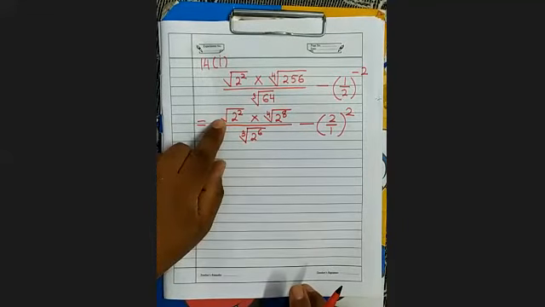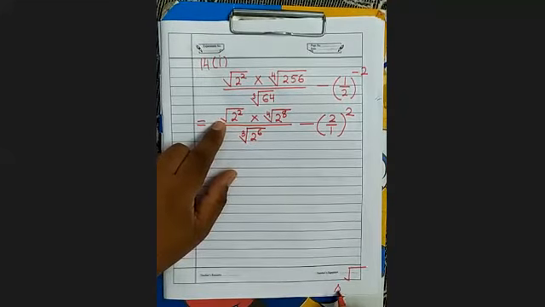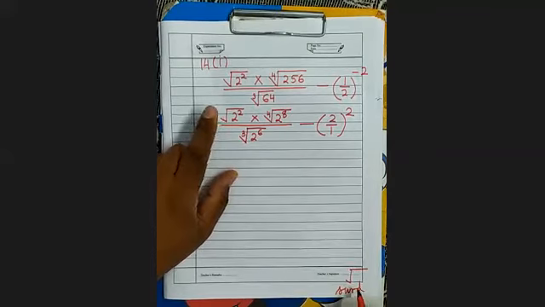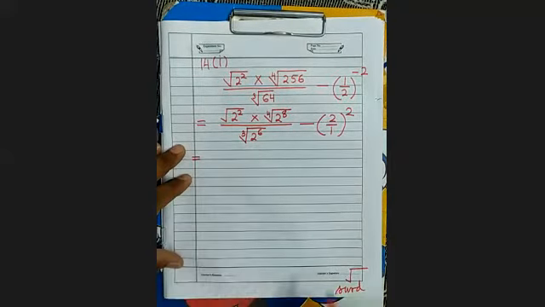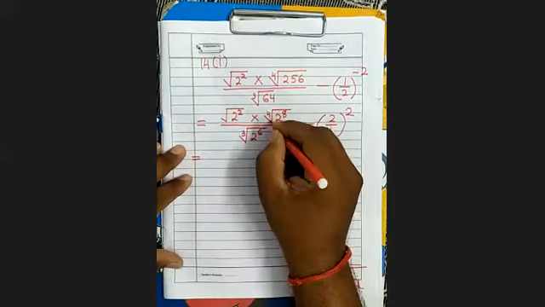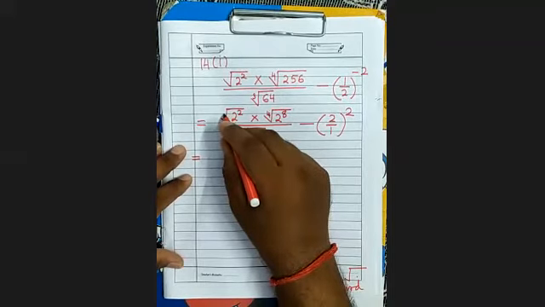Square root means power is 1 by 2. When you will remove the surd, what is this sign called? This sign is called surd. When you will remove the surd, what will you write? It's clear. Here this is surd. This is surd of fourth order. This is surd of second order.